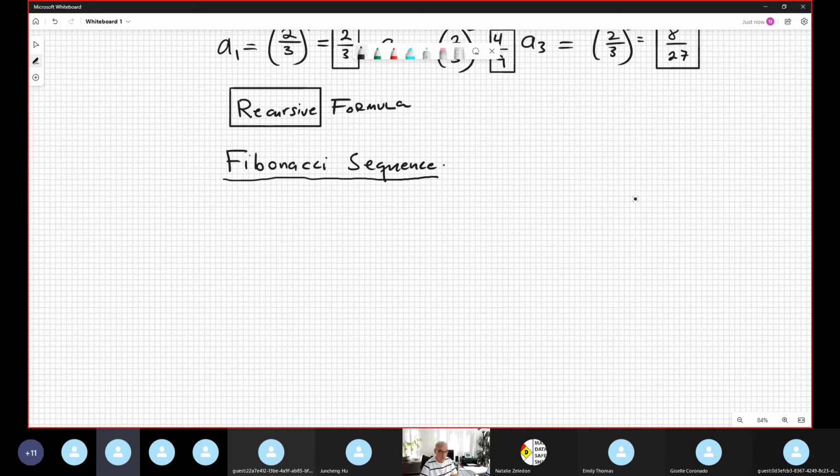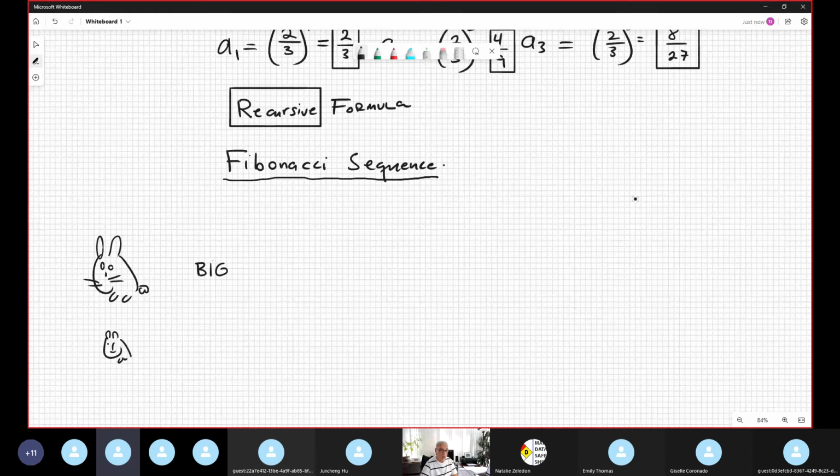So for example, we have one adult rabbit. Let me try to draw the rabbit as best I can. So we have one adult, which I will call big, and the small one is the child, a baby rabbit.